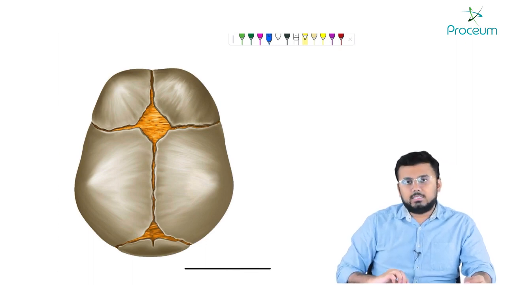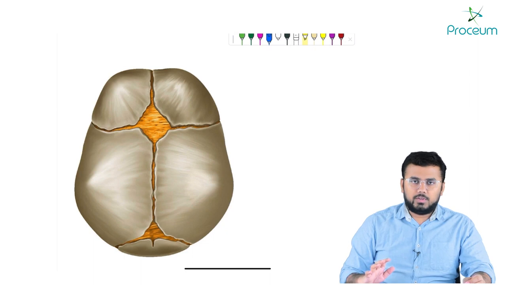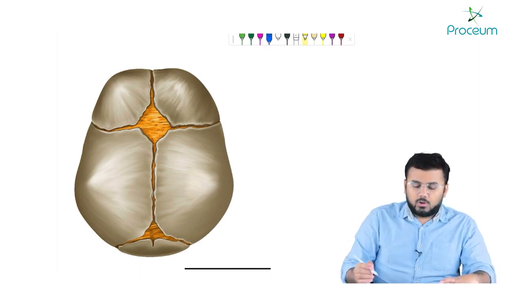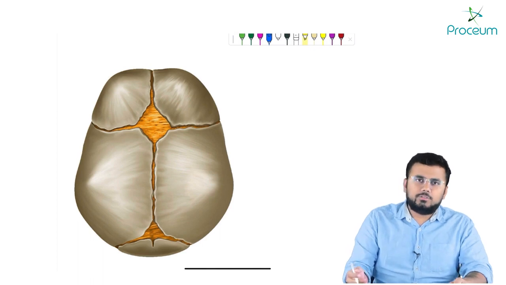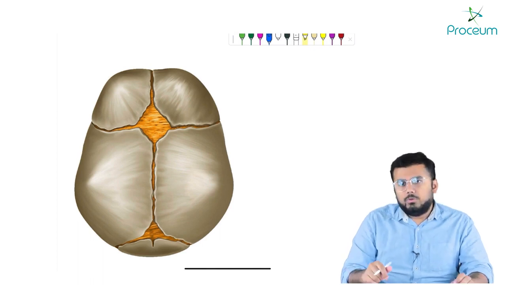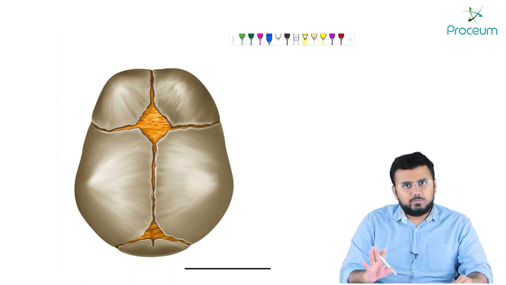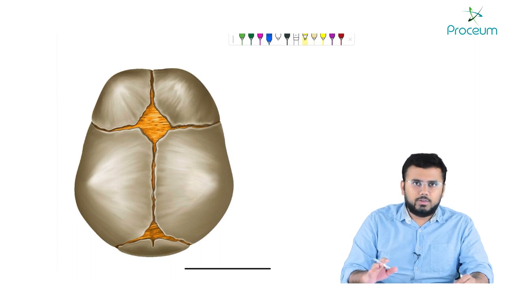So for that reason we need sutures. Before discussing what craniosynostosis is, we shall first discuss the normal anatomy of the skull and the sutures located there.